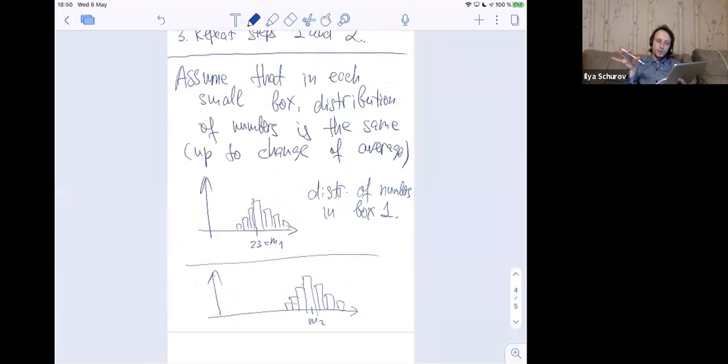If I return to my example with informants, there are different people, and for each person there is some value of average sentence length that this person produces.